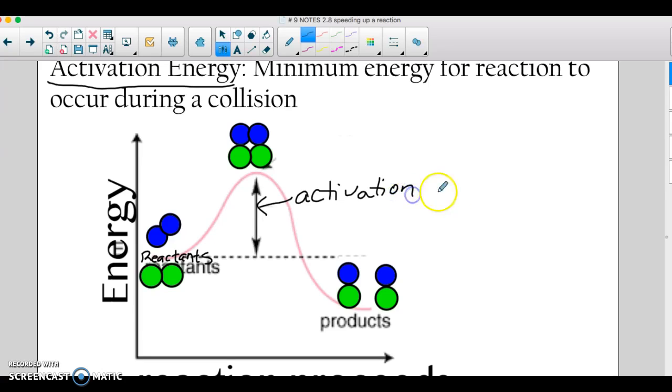So when they hit each other with the right orientation and also with the correct amount of energy, they form this in-between called a transition state, where it's not really the reactant and it's not quite the product. It's in between. If you don't form this, there's no chance of forming products. This will be just for fractions of a second. Then it'll possibly form the products.